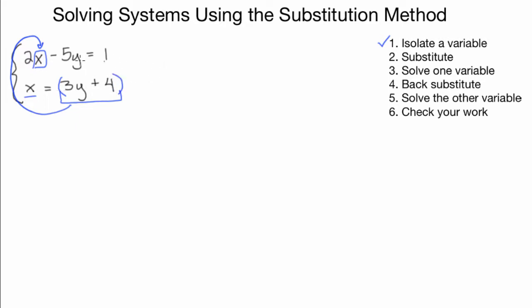I'm going to take the top equation now, so I still got 2. But now 2 is being multiplied by 3y plus 4. We substituted that in for x. So it's not 2 times x, it's now 2 times 3y plus 4. But I still got the rest of the equation, so it's still minus 5y equals 1. All right, we just did the substitution step.